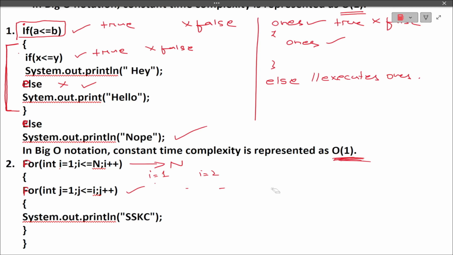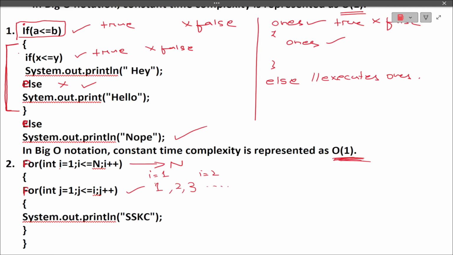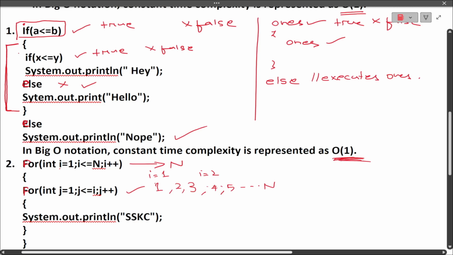So for the first time it works once, then 2, then 3, then 4 times, then 5 times. Eventually, if we take it till n, this inner loop will work n times. At the first time only once, for the second time 2 times, 3 times, then the time will come when this inner loop works for n times. So for this we can draw out a formula, n(n+1)/2. Yes, this is what we do.